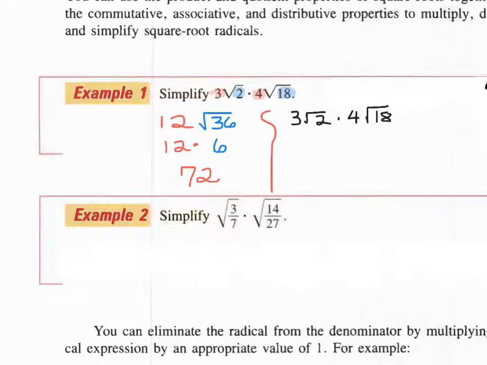So the first one I can't break down, so let me just rewrite the 3. I'm going to rewrite the 2. But on this one, I could actually break down the 18, and I could make it 2 times 9. So if it were really large, then this might be a method that you might want to do.